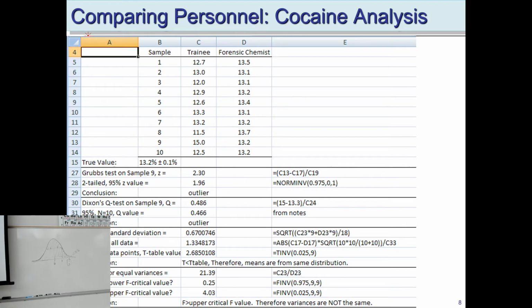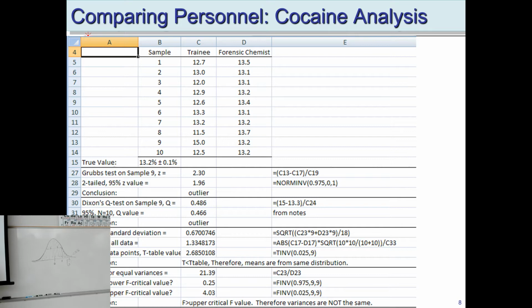It's the absolute value of the difference in means times that square root of the reduced sum of those data points, and then divided by the pooled standard deviation, which we calculated up above. This is the t-inverse function that gives us the critical value for 9 data points, or 9 degrees of freedom, and 0.025.